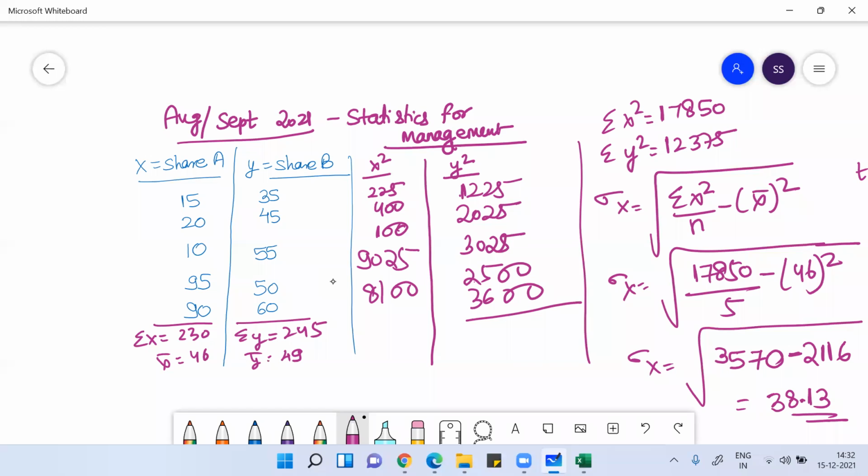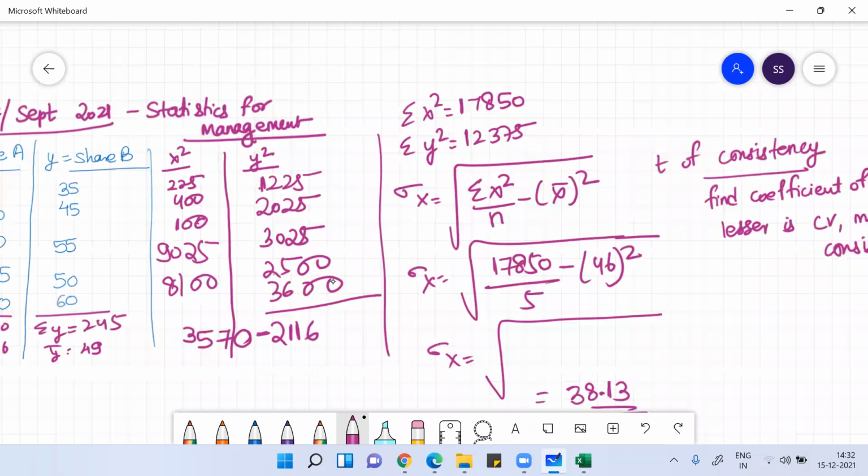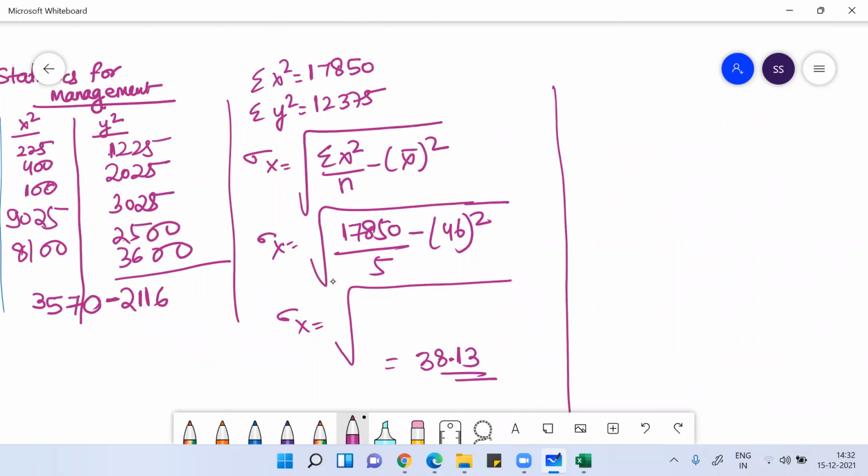So once you find the standard deviation of x, you can find the standard deviation of y. Standard deviation of y is the square root of summation of y square by n minus y bar square.